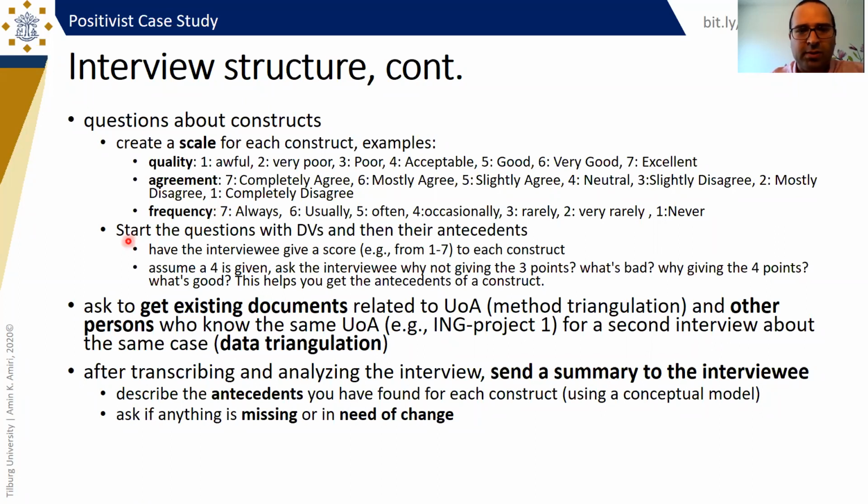Just do it. And always start the questions from the DVs. Then go to the antecedents of the DV. If you have 3 layers of IVs and DVs, always start from the right with the DV, then go for the antecedents of that DV, and then the antecedents of those.